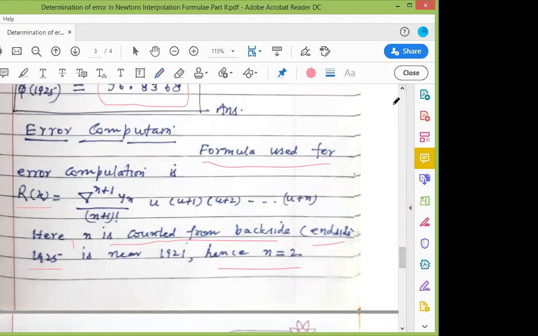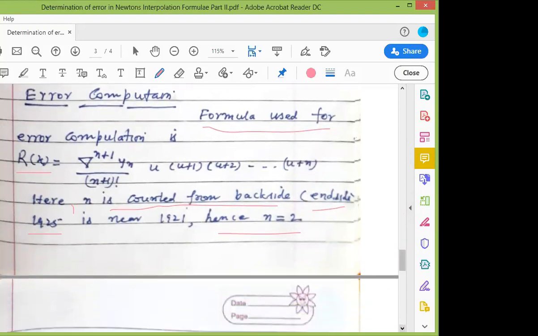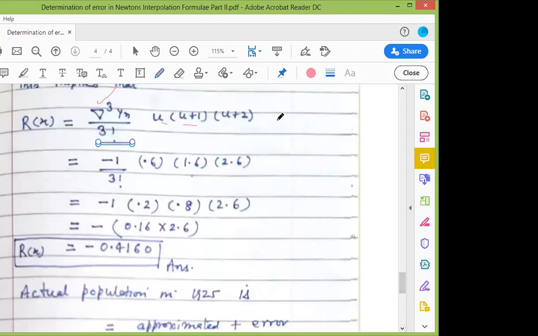Okay, u is understood. u is x minus xn, upon h. So this third difference, is it clear?